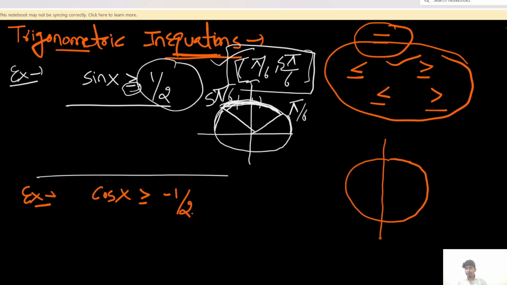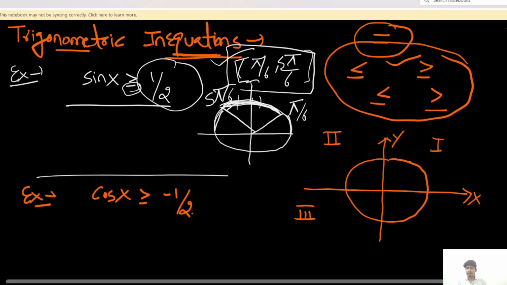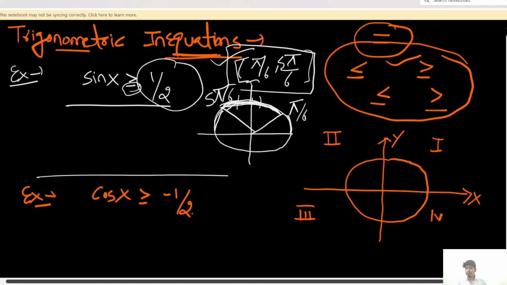This is the origin, this is the x axis and this is the y axis. This is the first quadrant, this is the second quadrant, this is the third quadrant, and this is our fourth quadrant. We know here cos x is positive, here is negative, here is also negative, but here is positive.